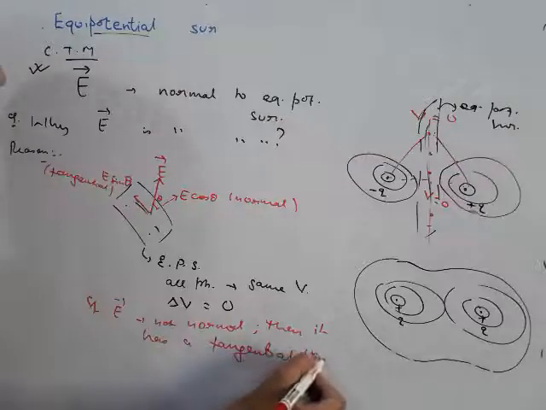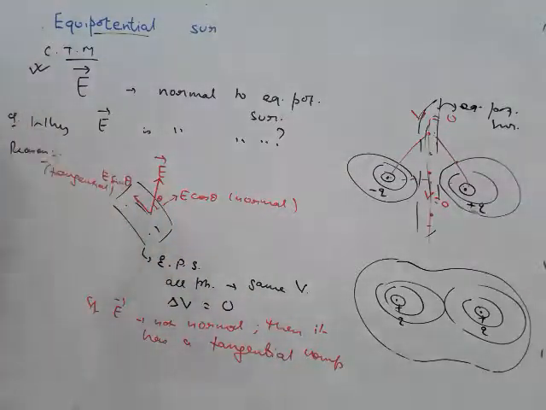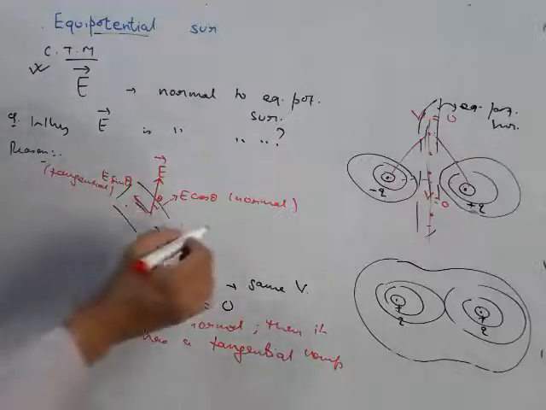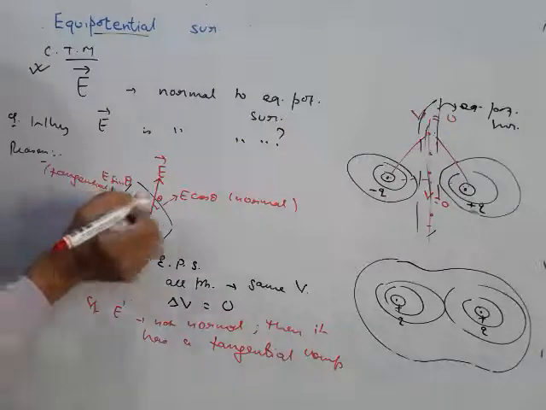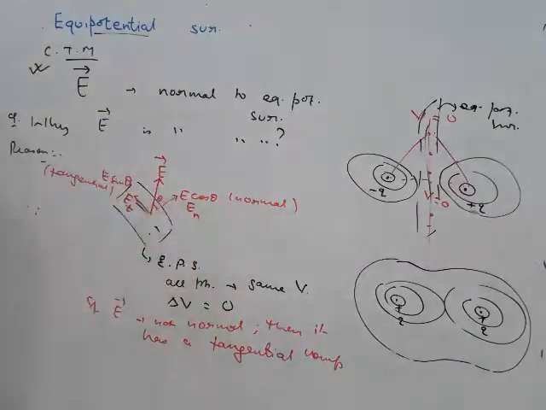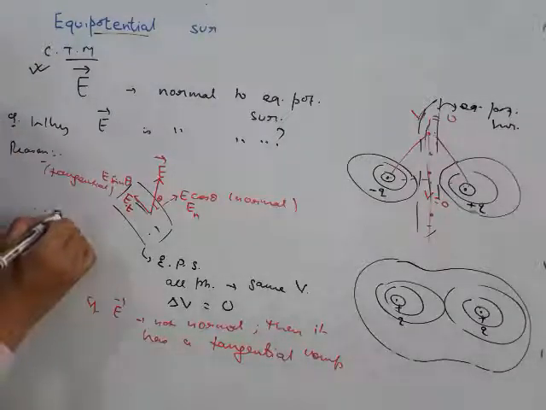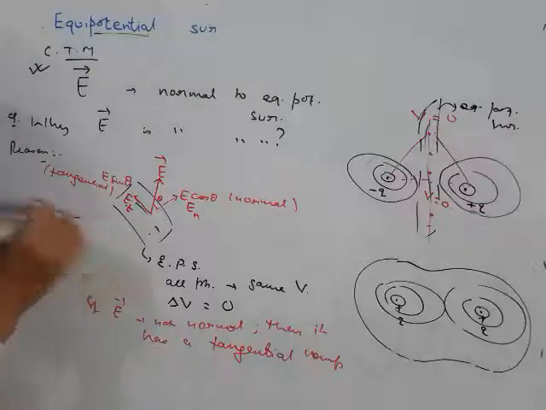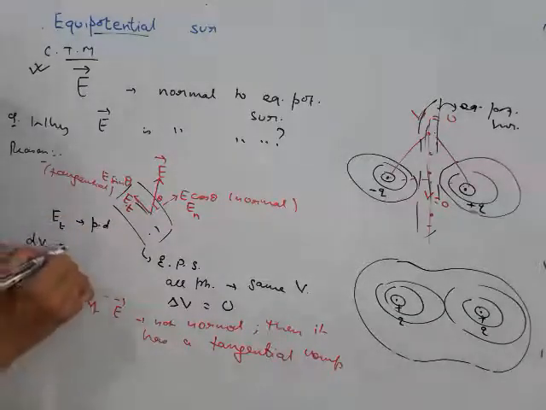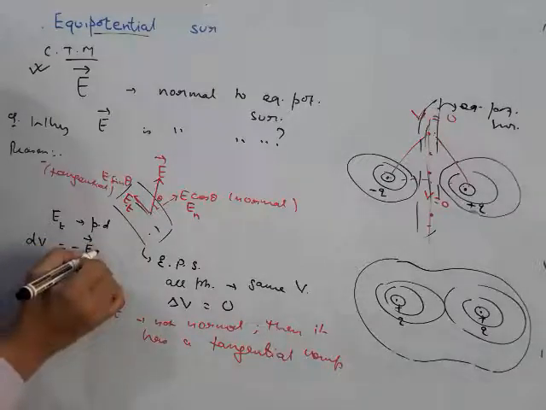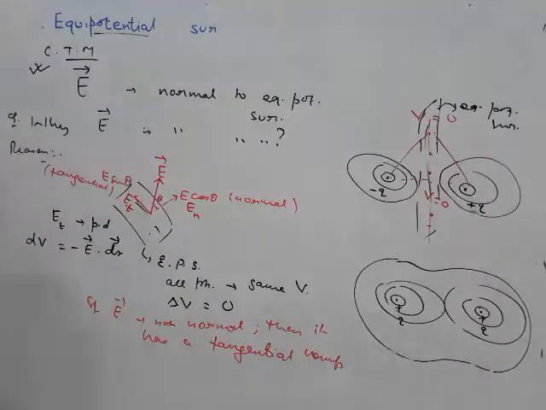Now if there is a tangential component of electric field, you can name it as something, suppose ET, and this I'll call EN. N for normal and T for tangential. If this be the case, then we know, students, the tangential component ET will result in some potential difference, because you know dV is equal to minus E dot dr. This is potential difference.